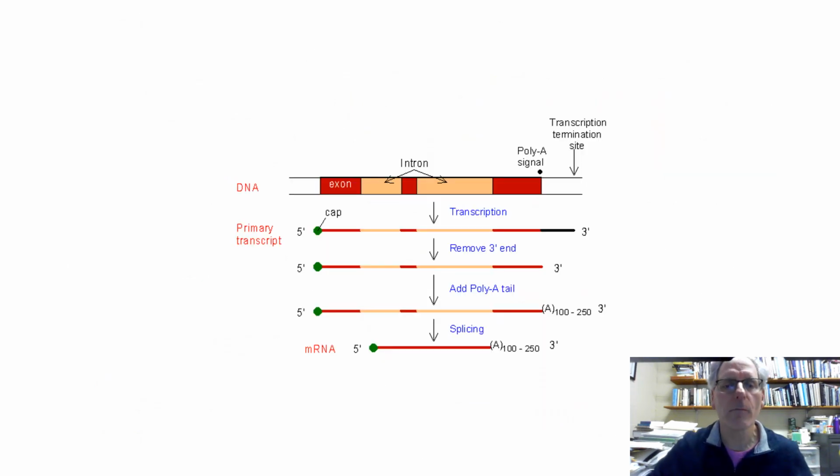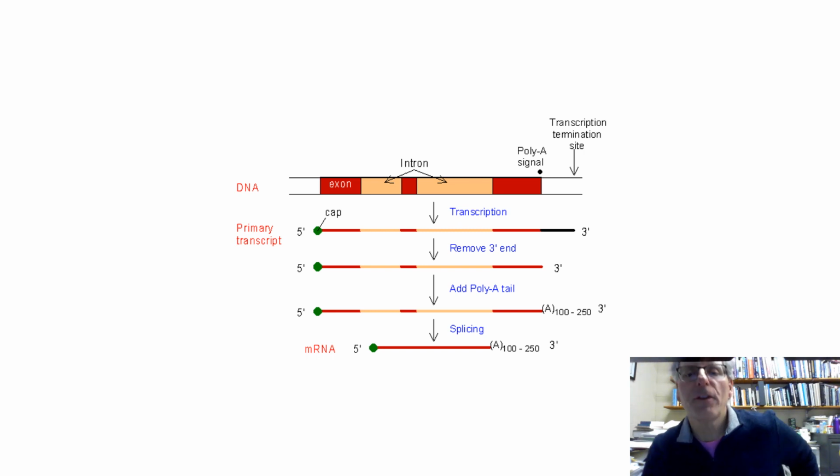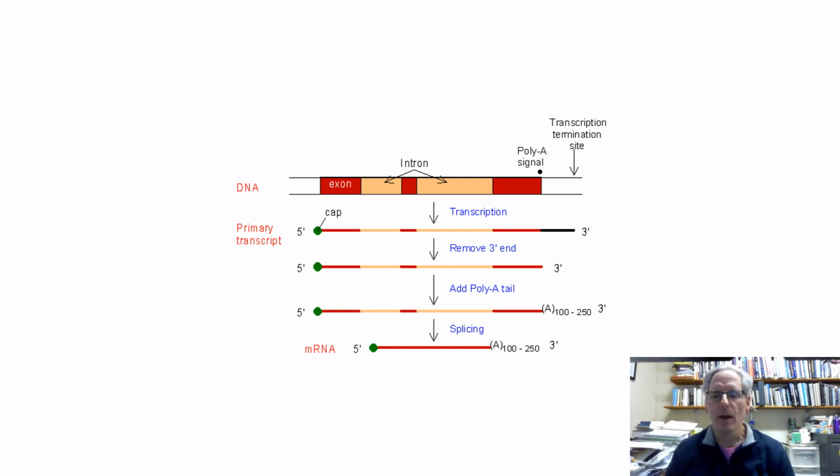This shows you the processing of a messenger RNA that is made by RNA polymerase II. The front 5' end has a cap put on it. The 3' end, when transcription terminates, has a polyadenine tail put on the 3' end by a polyadenylate polymerase, a PAP.